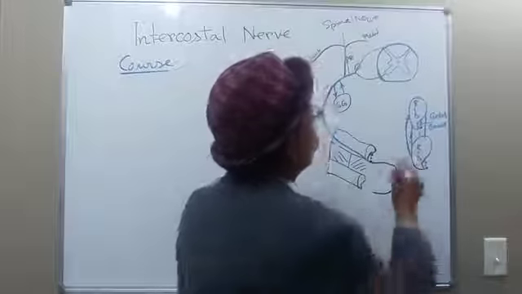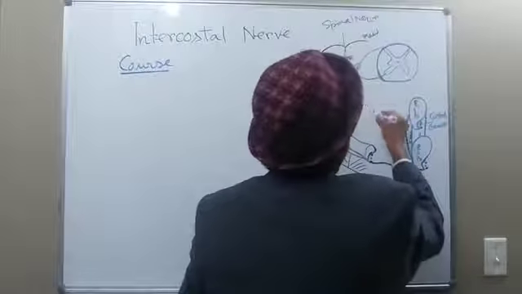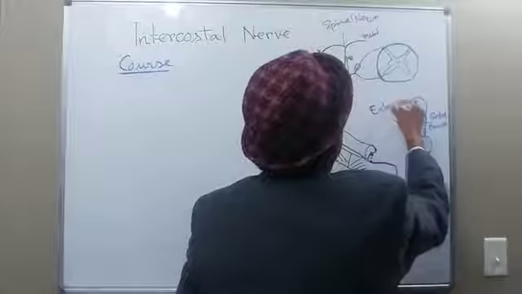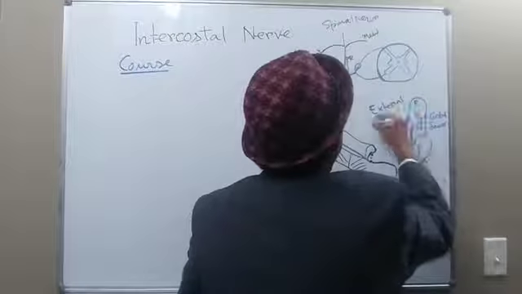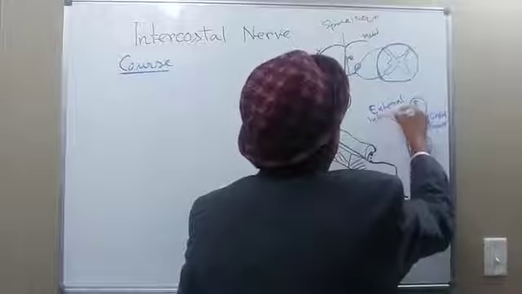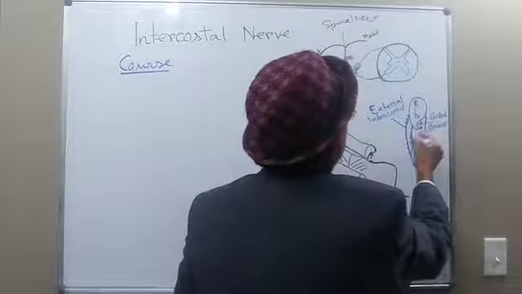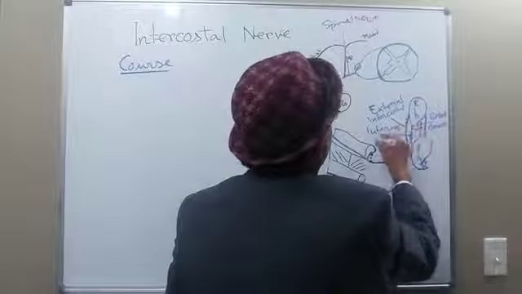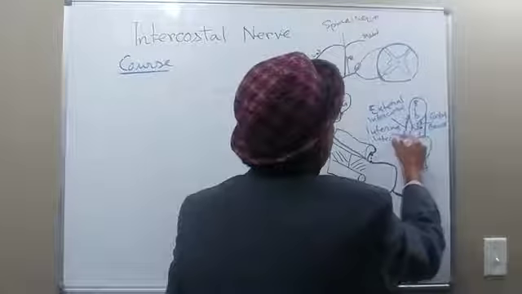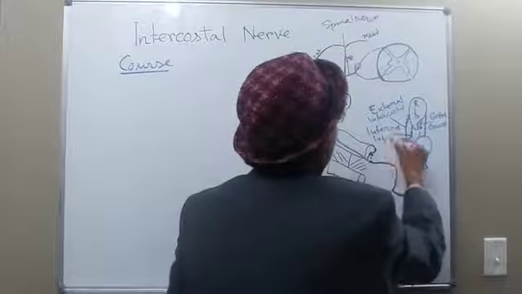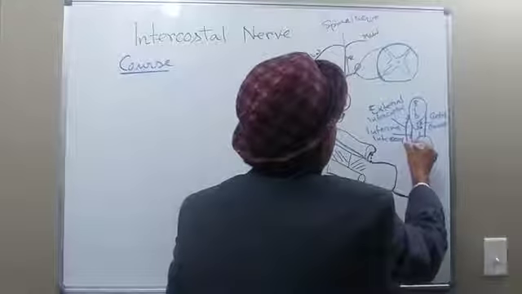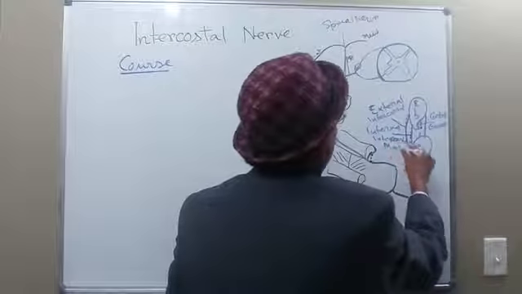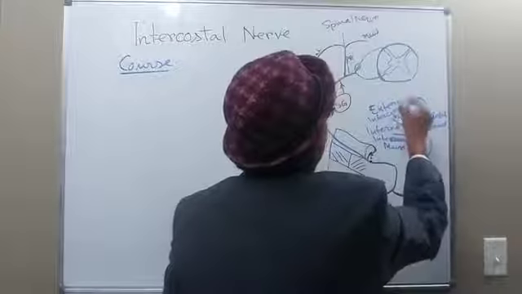One is the external intercostal muscle. This is the internal intercostal muscle.